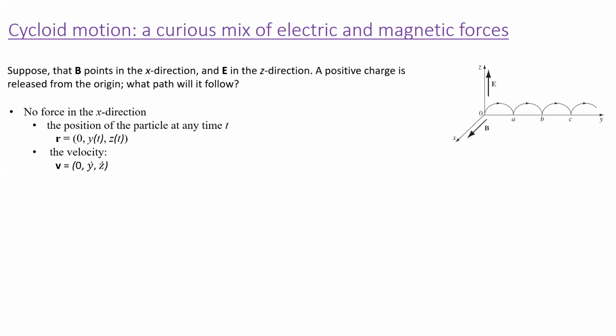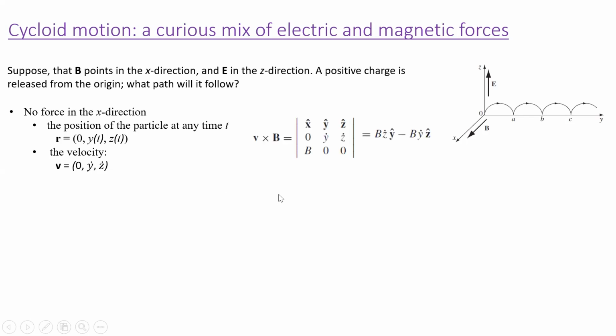All right, so let's see if we can analyze this. There's initially no force in the x direction, since there's no velocity, and the magnetic field only exerts force when there's velocity. We set the position of the particle at time t as 0 in the x direction, and then y and z, and the velocity would then just be 0, y dot and z dot.